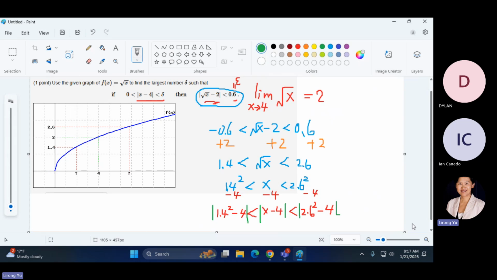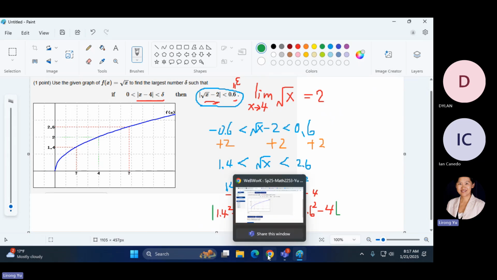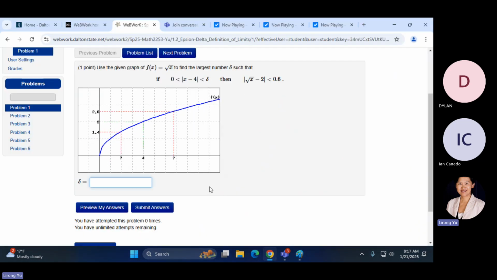So to answer the question, I think I have to calculate them. And I believe 1.4 squared minus 4 is smaller than the 2.6 squared minus 4, right? The absolute value. So we're going to answer with 1.4 squared minus 4, and we know that's negative. You have to make it positive, or you can just do absolute value of 1.4 squared minus 4.